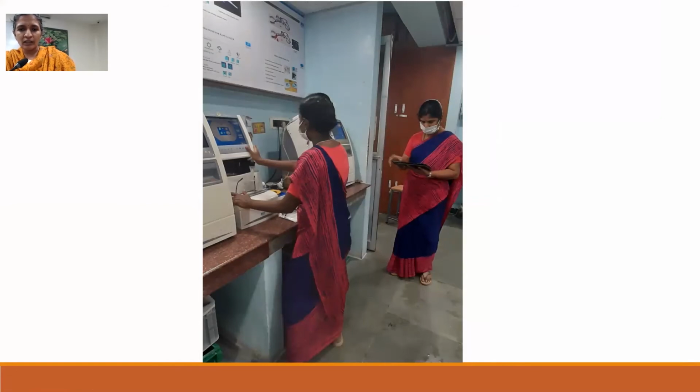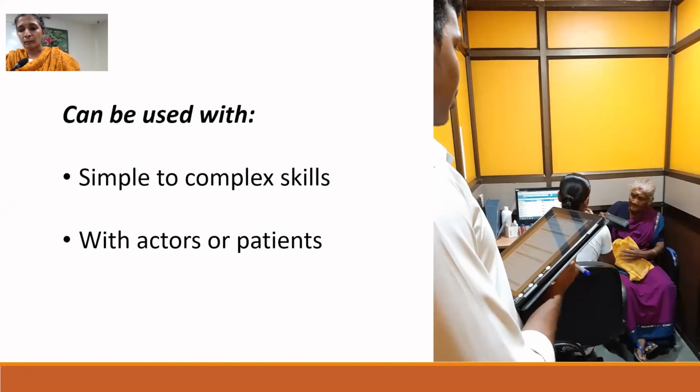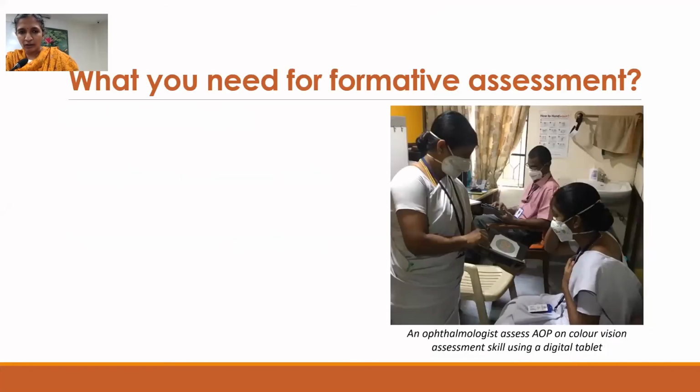Even here you are seeing that this skill is being evaluated using a checklist. More complex skills, higher order skills, and skills that actually involve a patient. So you can do it whether you're using actors, whether you're using just partners, whether it is a skill that involves patients or not. Simple skills, complex skills, all of this can be evaluated in this way.